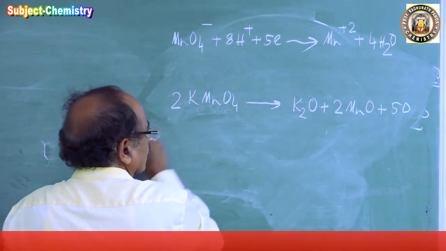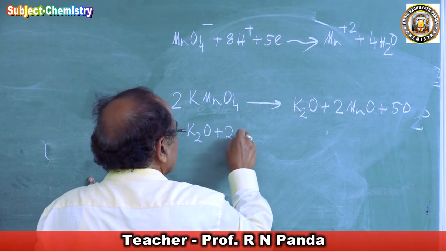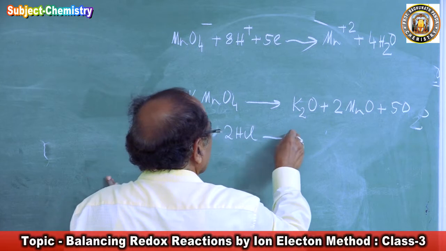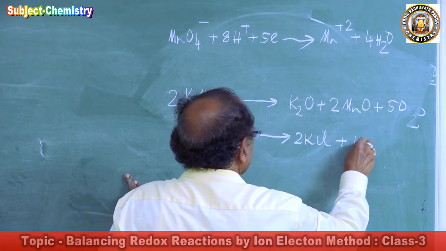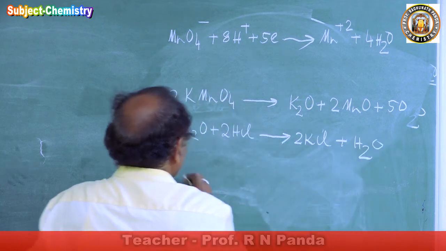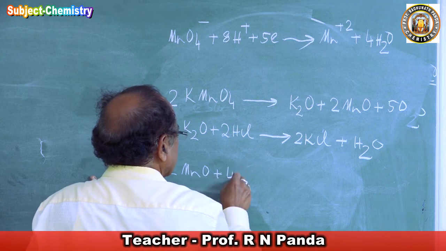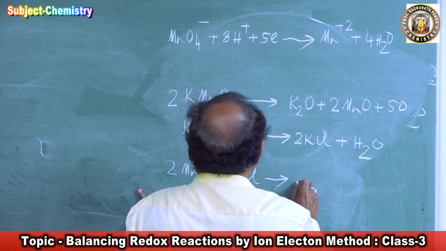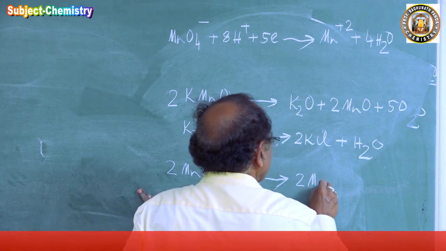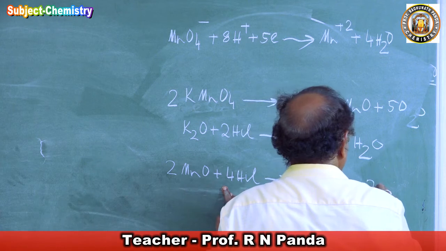Now K2O will react with 2HCl to form 2KCl plus water, and 2MnO plus 4HCl will form 2MnCl2 plus 2 water.